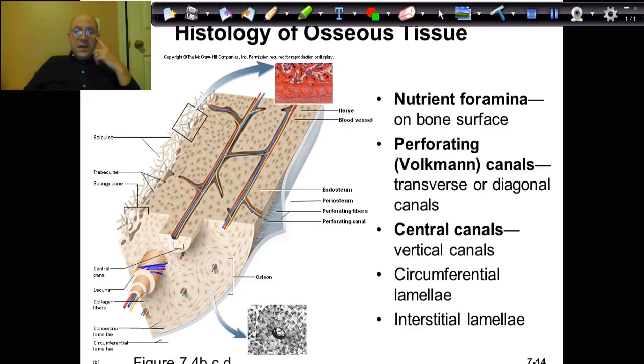And so the whole thing is a composite with polymer components, which are the collagen fibers, and ceramic components, which are the hydroxyapatite crystals. With this combination of components in the matrix, your bone is now rigid, but flexible.